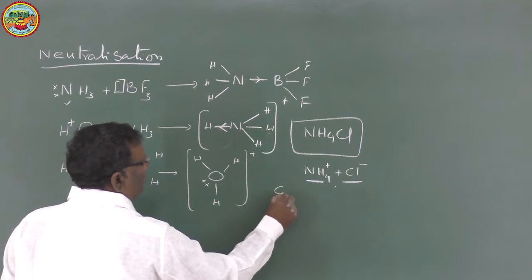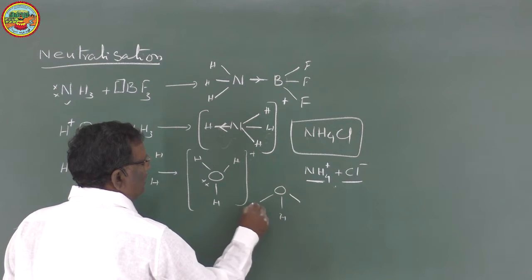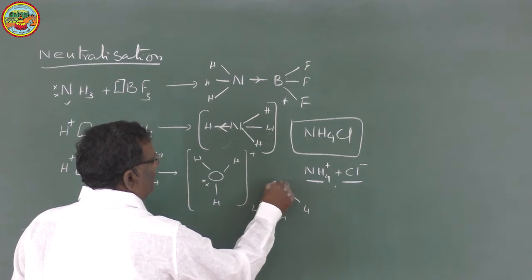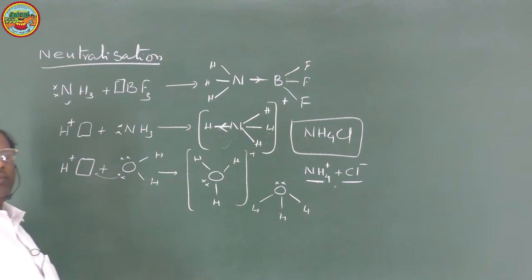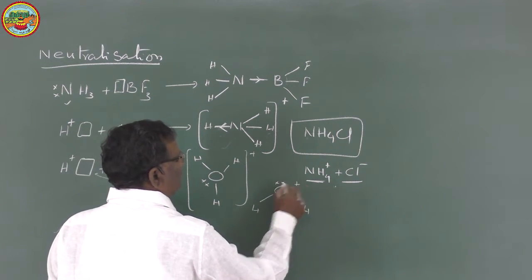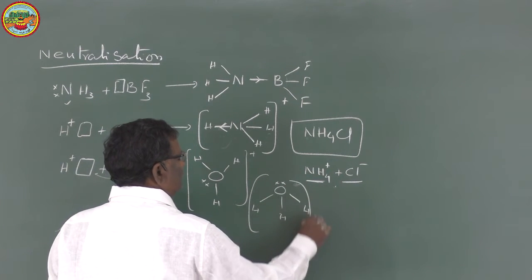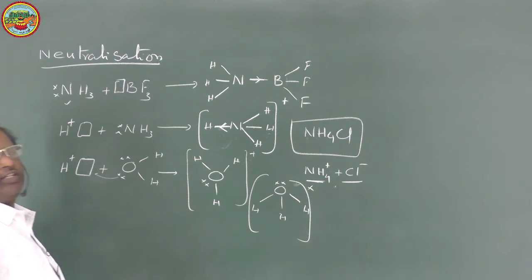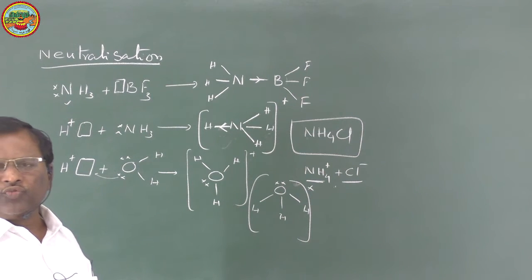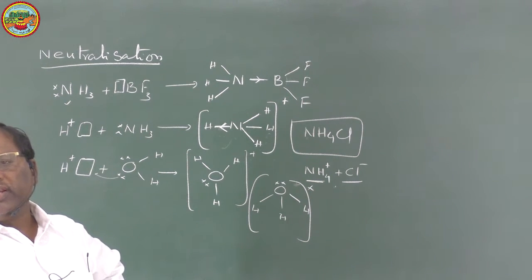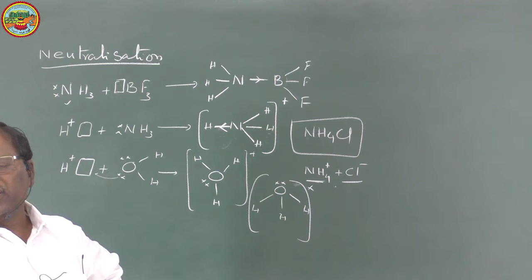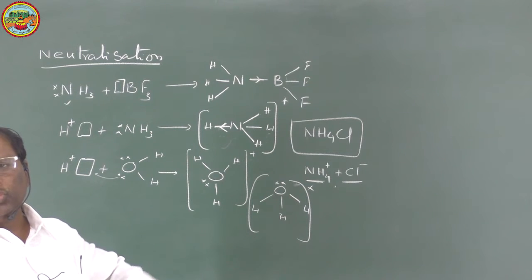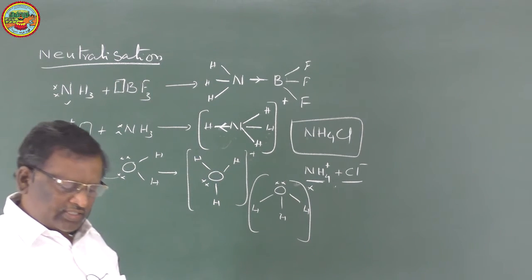Actually, H3O plus is pyramidal in shape, just like NH3, because it has one lone pair of electrons along with the positive charge. So the formation of the H3O plus ion is another example of a neutralization reaction between the H plus ion and H2O. So this is regarding neutralization.